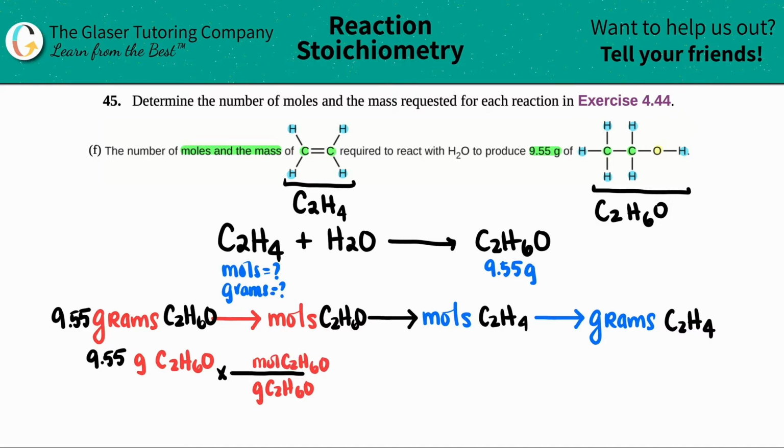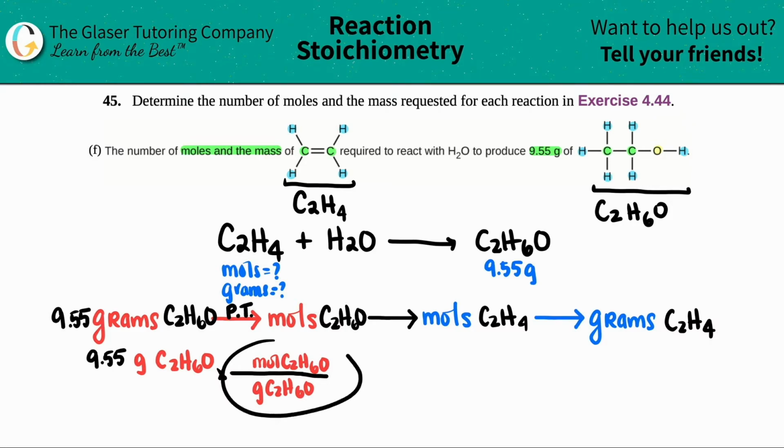Okay, so the units are in place. Now we just have to go back and find out what numbers go on the top or the bottom. But we've done this conversion many times, right? How do we go from grams of one compound to moles of the same compound? We use the periodic table, and that's exactly what we're going to do here. So we've got to get our periodic tables out, guys.